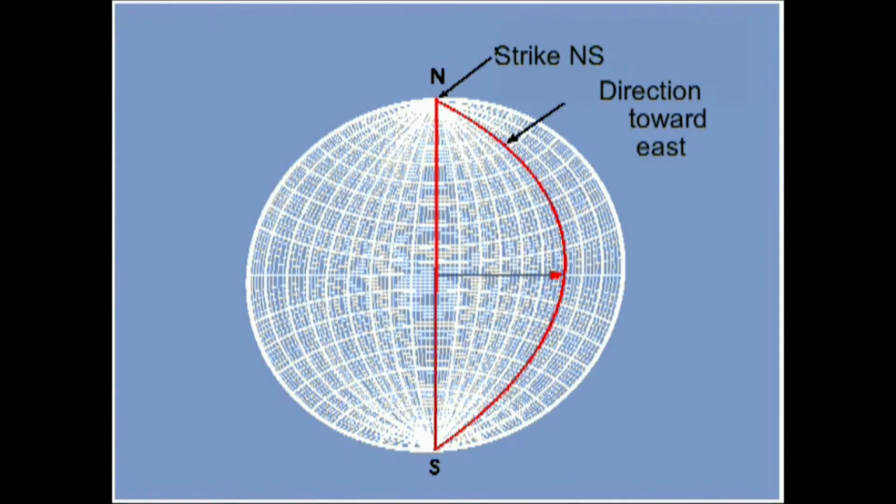This curved line will intersect the periphery of the equatorial plane, the line of intersection of the equatorial plane with the sphere, at two diametrically opposite points, which are actually the points of intersection of the north-south horizontal line or strike line of the plane.